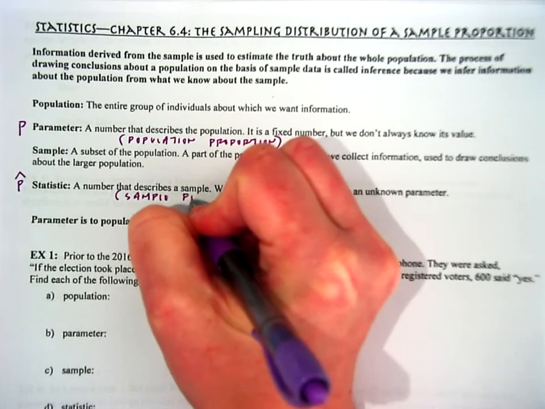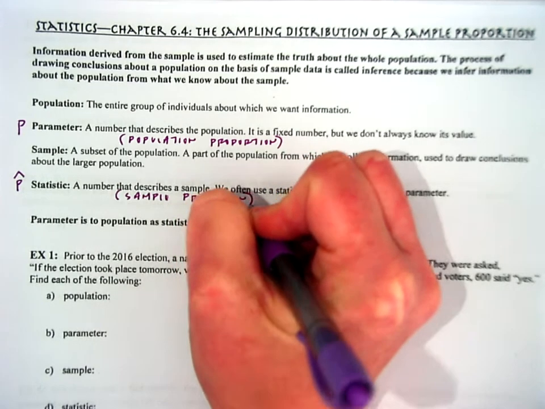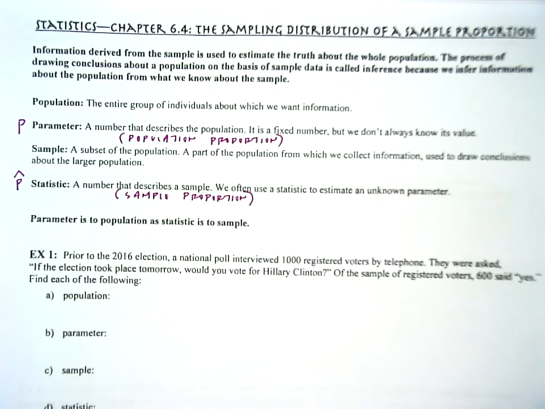Remember that we keep the P's together, we keep the S's together. So parameter is to population, just like statistic is to sample. And again, this whole top part is just a first semester recap.